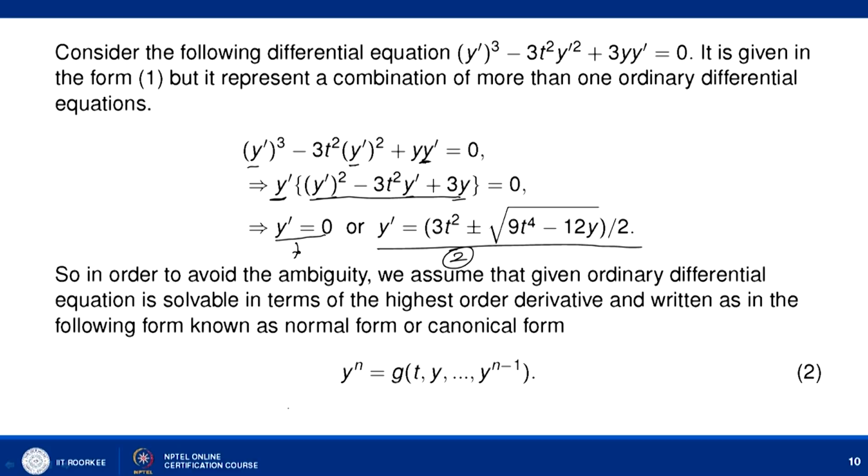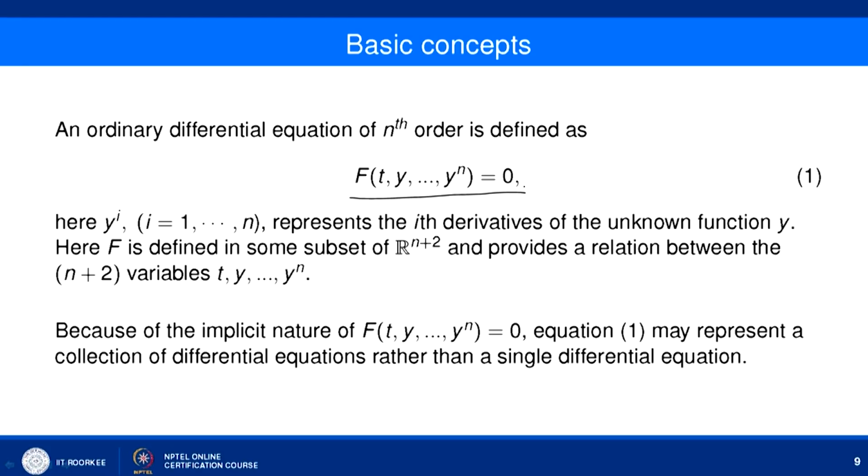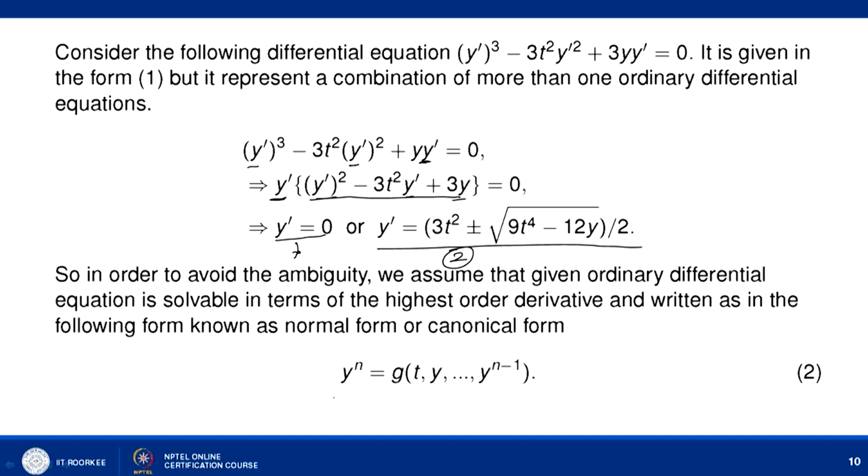So, in order to avoid this ambiguity, we assume that the given ordinary differential equation is solvable in terms of the highest order derivative. Rather than considering the implicit nature, like here, we do not know whether we are considering only one differential equation or a collection of differential equations. To avoid this possibility, we assume that yn is solvable. We can solve this equation in terms of yn, and we can write our equation in this form: yn equal to g(t, y, up to yn minus 1).